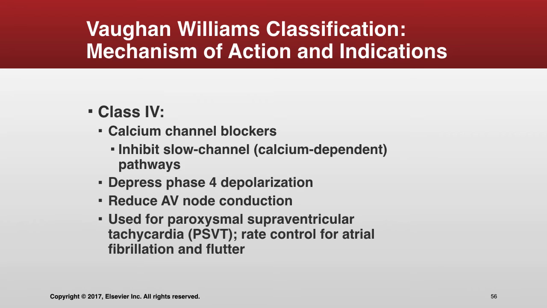The class 4 drugs are calcium channel blockers. They inhibit the slow channel or the calcium-dependent pathways. They depress the phase 4 depolarization and reduce the AV node conduction. They're used for paroxysmal supraventricular tachycardia, or PSVT, and rate control for atrial fibrillation and flutter.